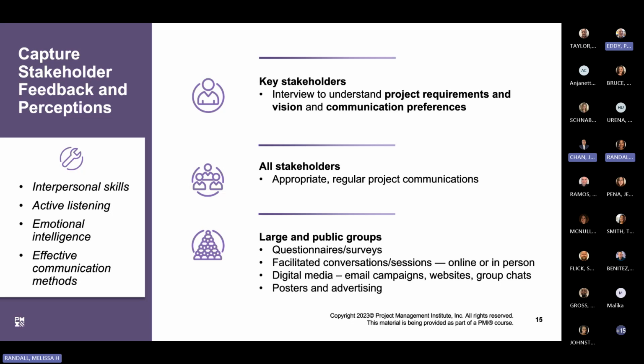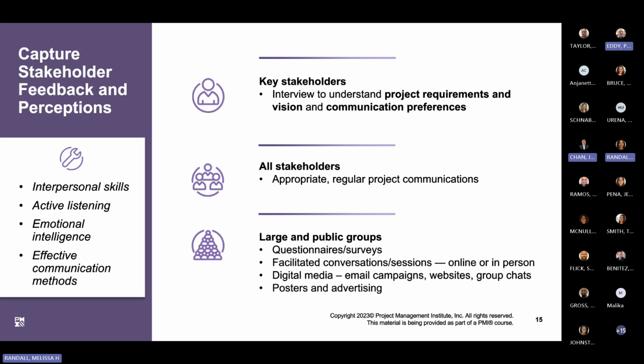And when you're looking at this last bullet about large and public groups, that's a lot more people. We have our digital media, which could be email campaigns, websites, group chats. We do use MS Teams here, and I know other companies use MS Teams in their ways, so you can set up group chats in there. And then we have posters and advertising.